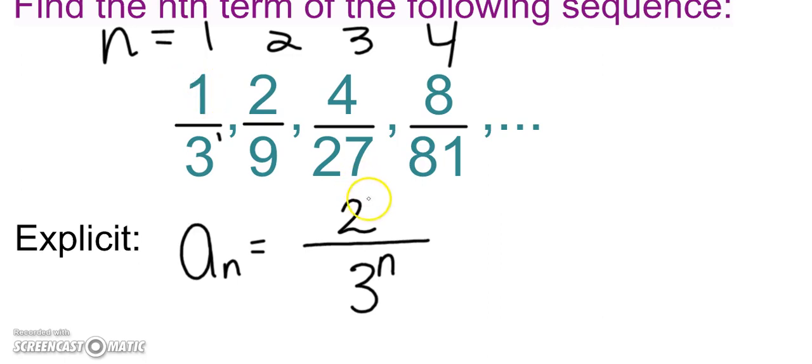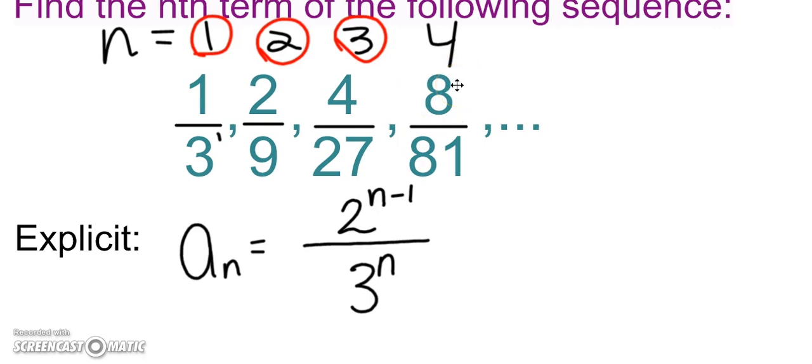So that means that at any one term, I'm taking 2 to the n minus 1 power. We said we wanted this one to be 2 to the 0. Well, that would be n minus 1. We want this one to be 2 to the first. Well, that would be 2 minus 1. This one we wanted to be to the second. Well, that's 3 minus 1. 4 minus 1 gives us the third, so that's 8.